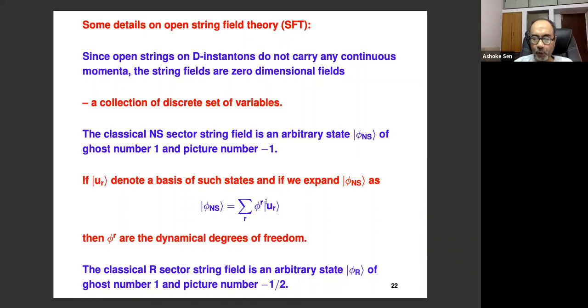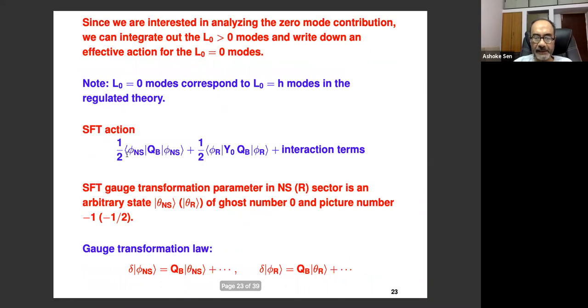And then each of those coefficients is an appropriate degree of freedom of the string field. But ultimately, the string field theory action is just a number.